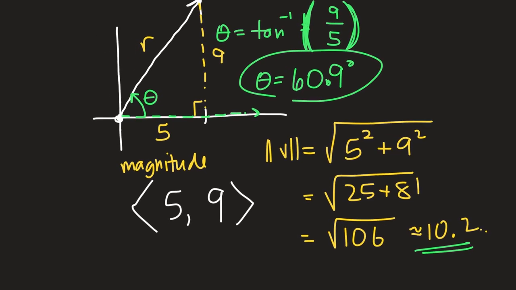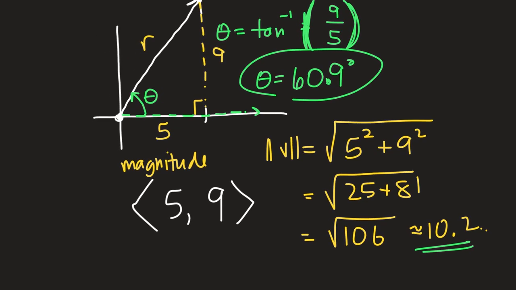That's how you find the magnitude and direction if you're given a vector in vector form, with chevrons. It could also be written in ij form, so 5i plus 9j, the linear combination form of that vector. The 5 and the 9 are the same, the x component and the y component.